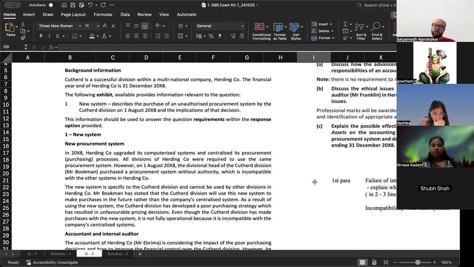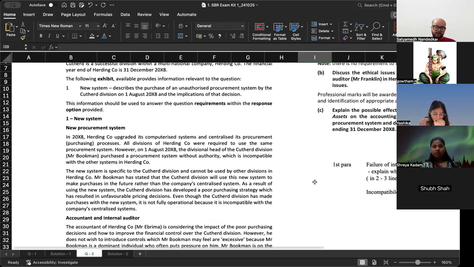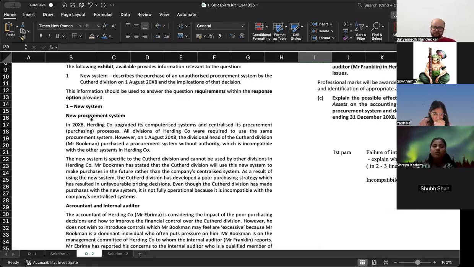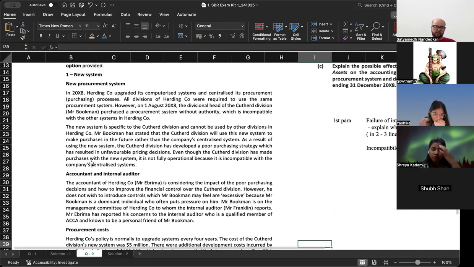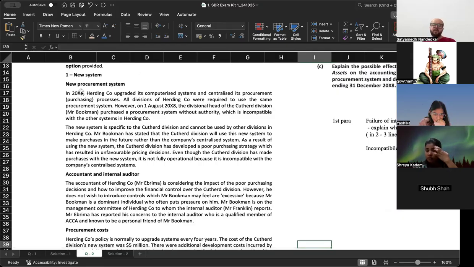This information should be used to answer the question requirements within the response option provided. The exhibits are: the new procurement system, then the accountant and internal auditor, and then the procurement cost. Okay. In 2008, Herding Company upgraded its computerized systems and centralized its procurement processes.